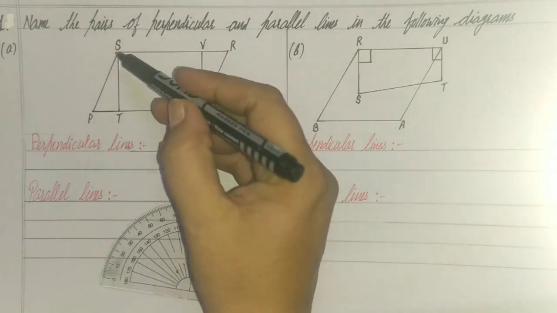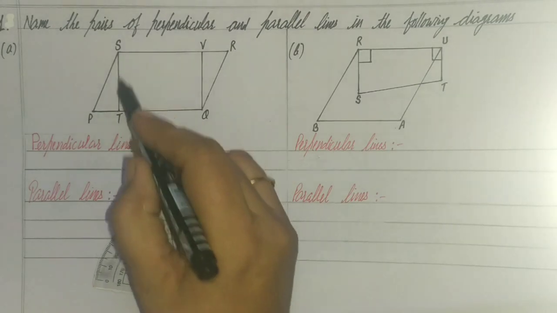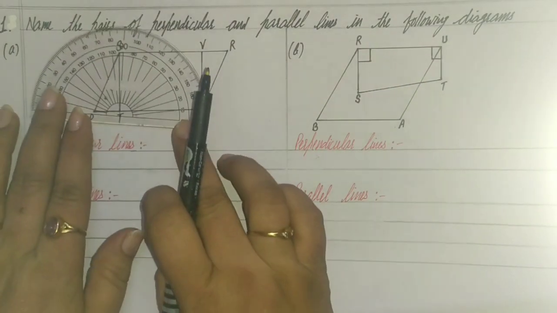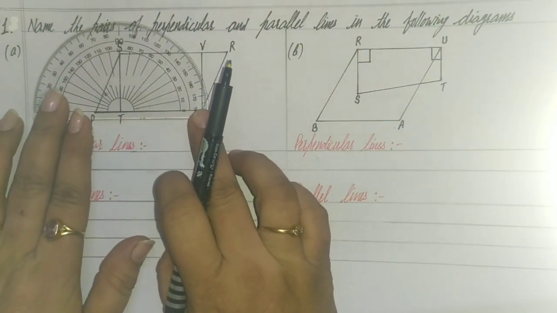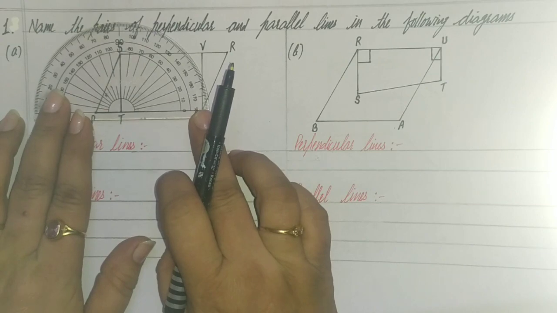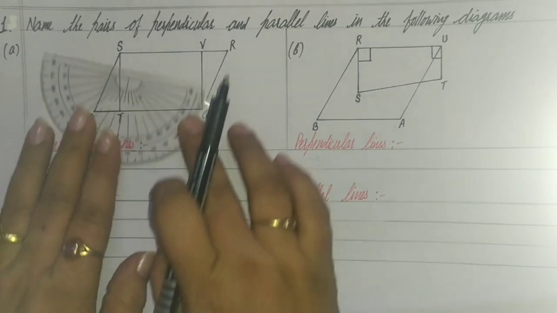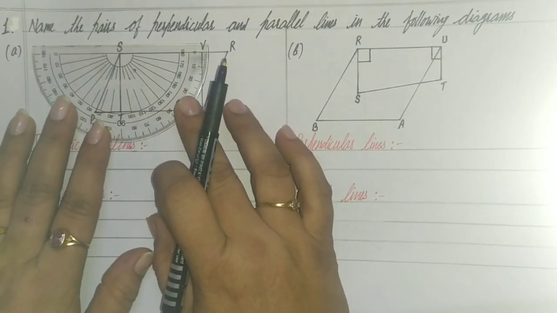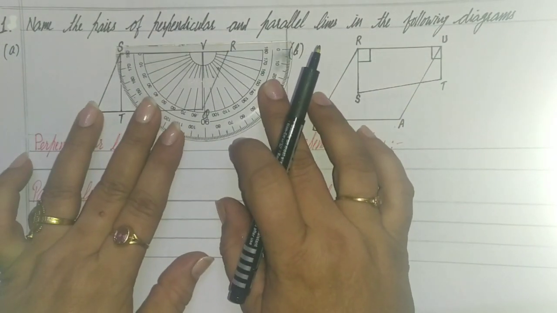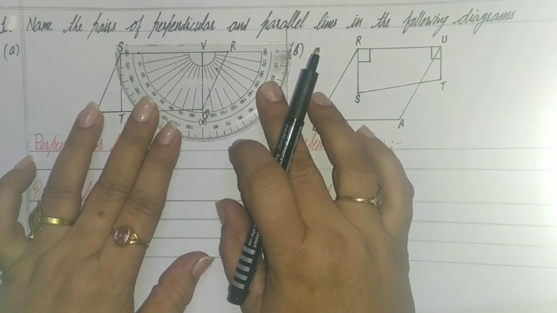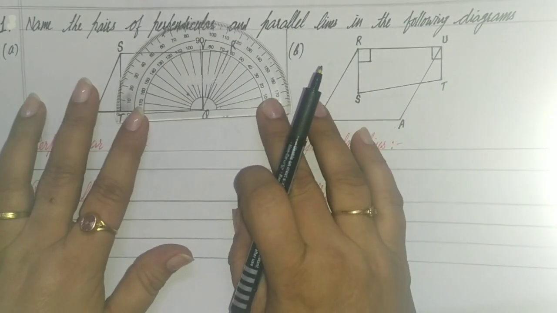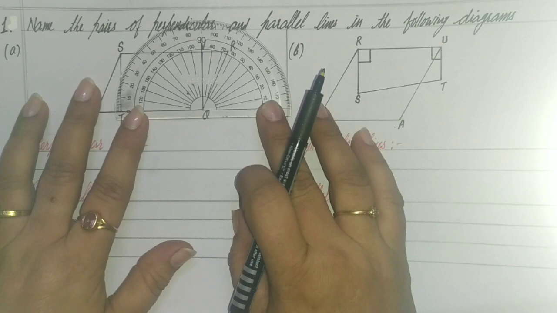As it is clear from the picture, this is perpendicular. You can check using your protractor as well. So here TS is at a right angle. In the same way ST is also. Then VQ is at 90 degrees and QV is also at a right angle.